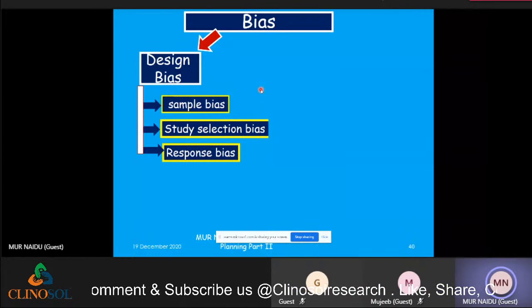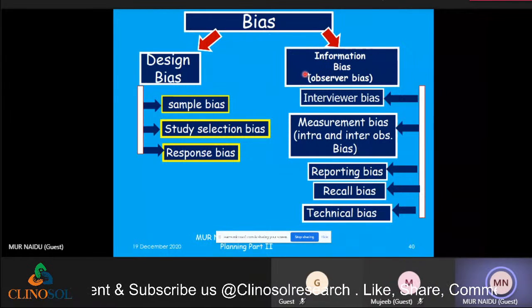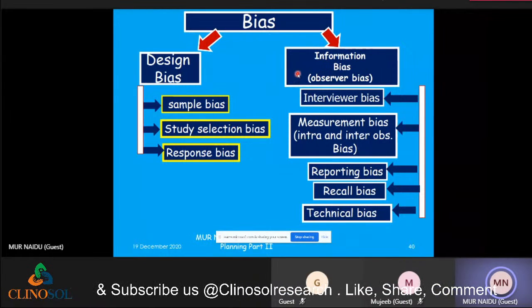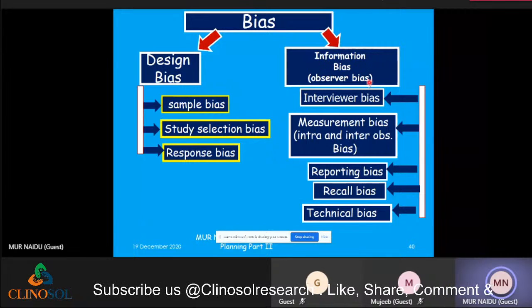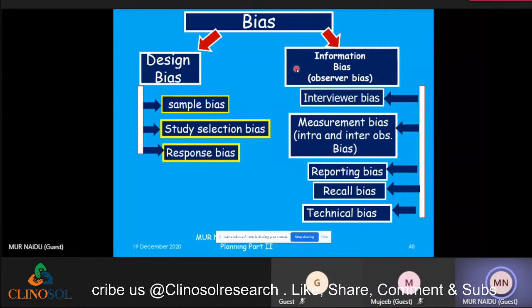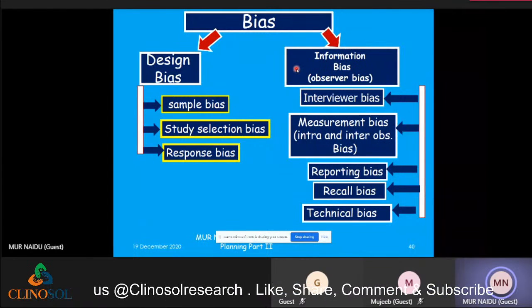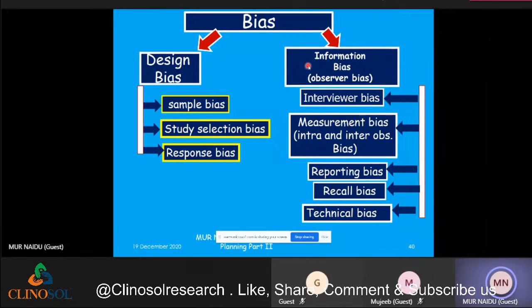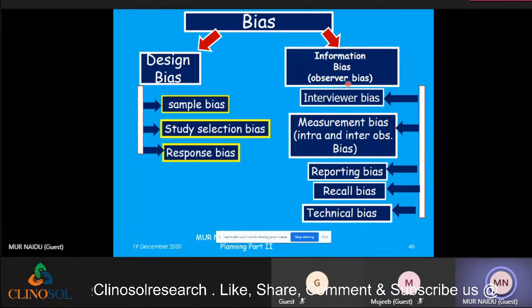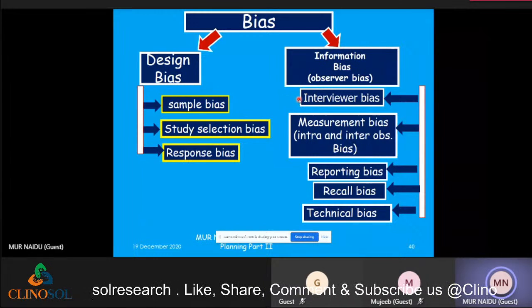What are the other types of bias which is very common? That is information bias. This is coming from the observer, because all principal investigators don't do clinical trials and they don't actually do anything with the patient. They just do only the actually the people those who are co-investigators. So when they do an interview, there may be bias in the interview.